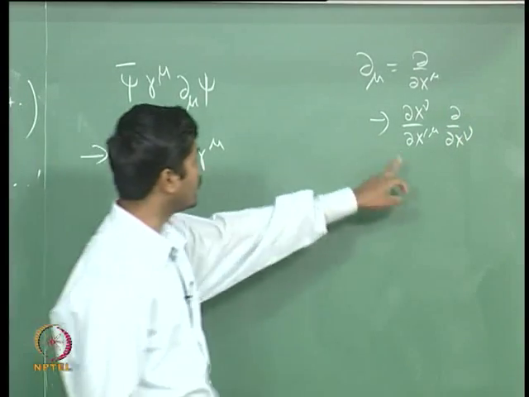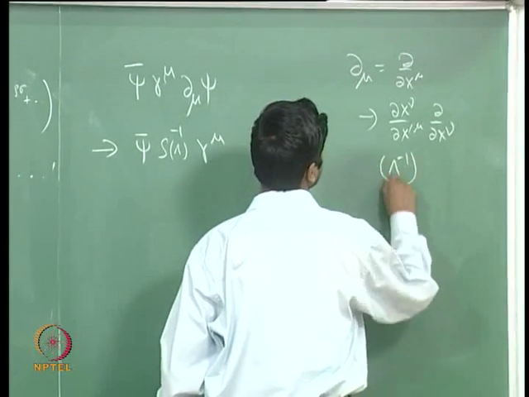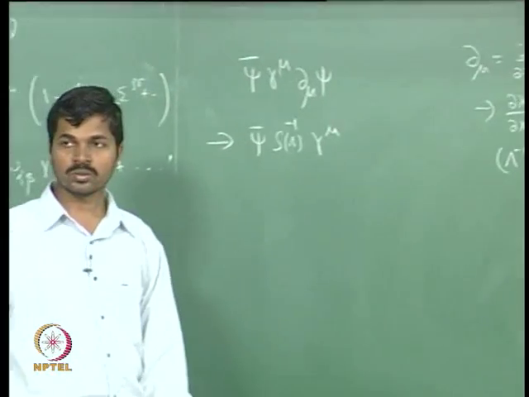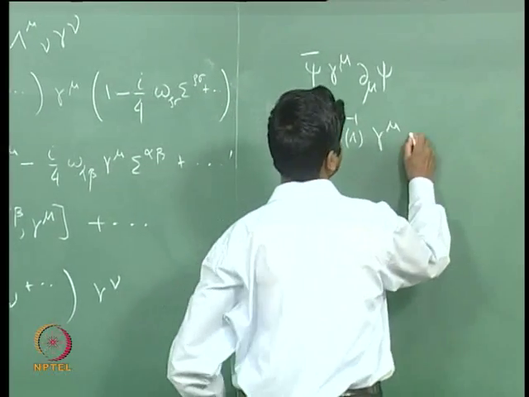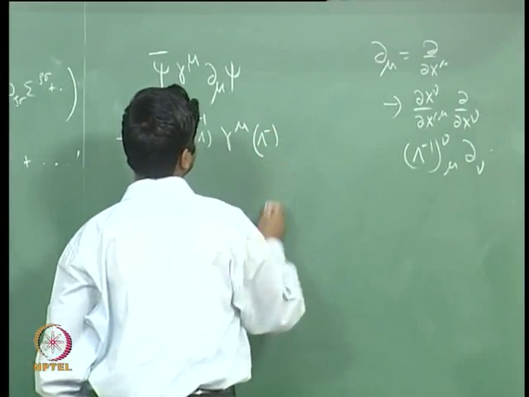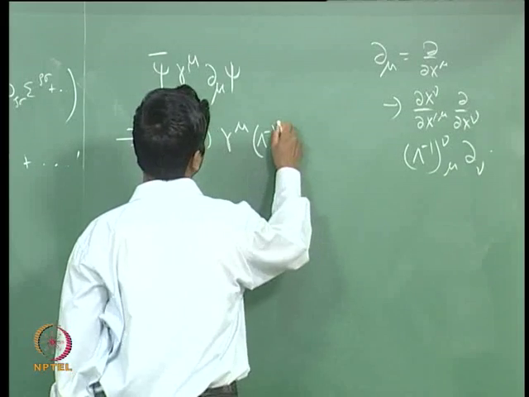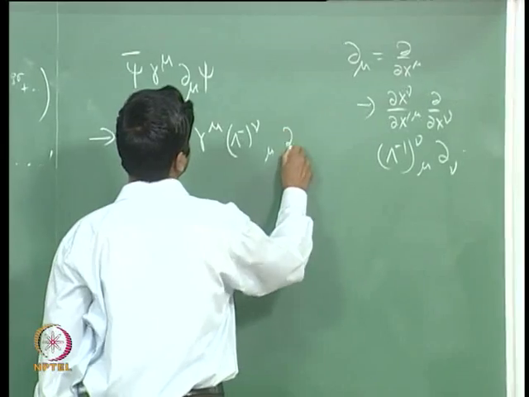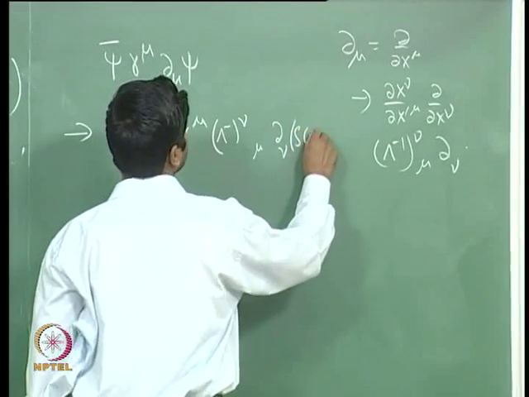So, this quantity is lambda inverse nu mu del nu. So, you have lambda inverse nu mu del nu of S of lambda psi.